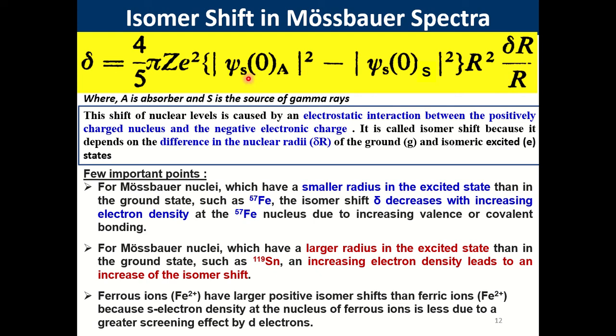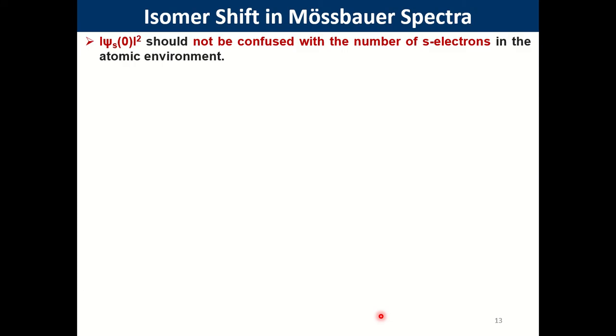The only variation would be due to this factor, the change in the s electron density at the nucleus. So ferrous ions have larger positive isomer shifts than ferric ions because the s electron density at the nucleus of ferrous ions is less due to the greater screening effect of d electrons. This is what we have already discussed earlier also.